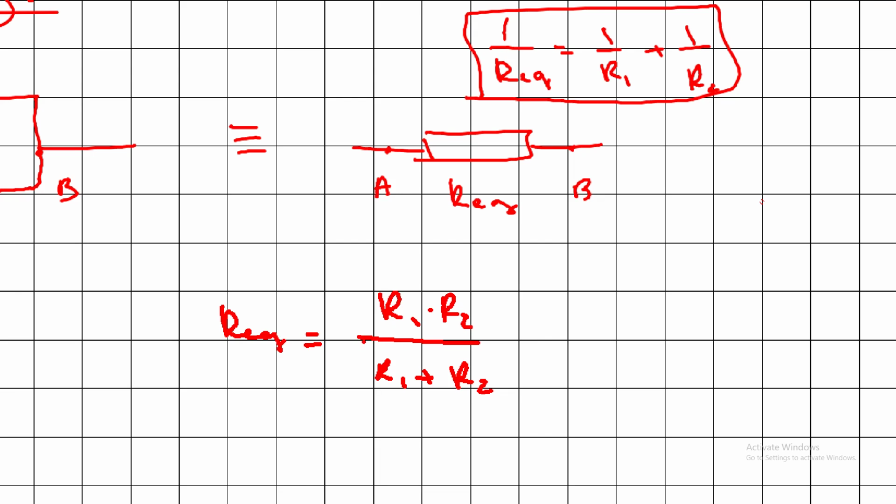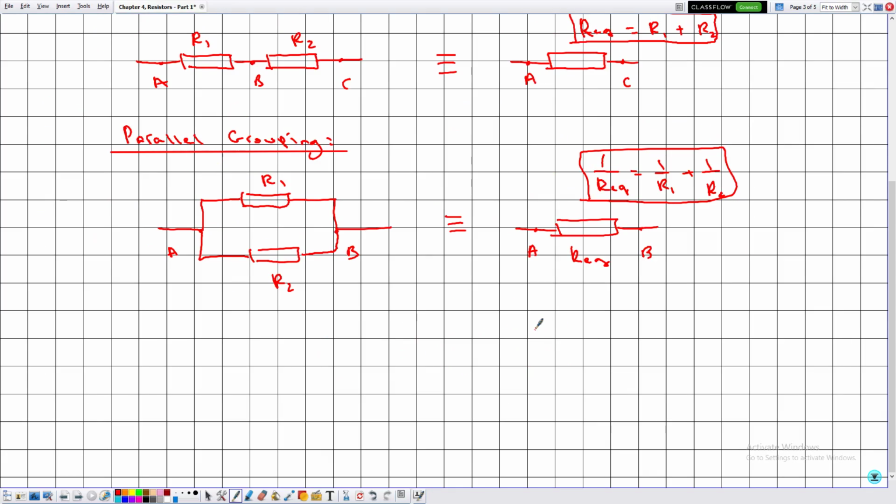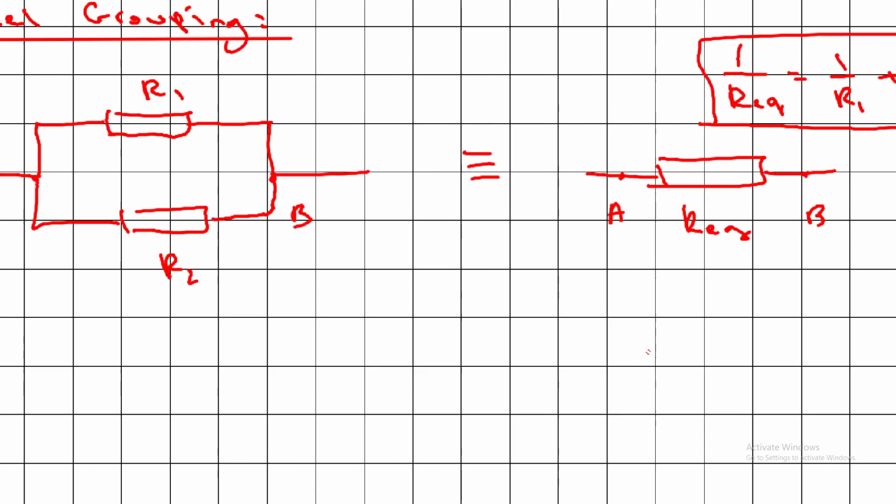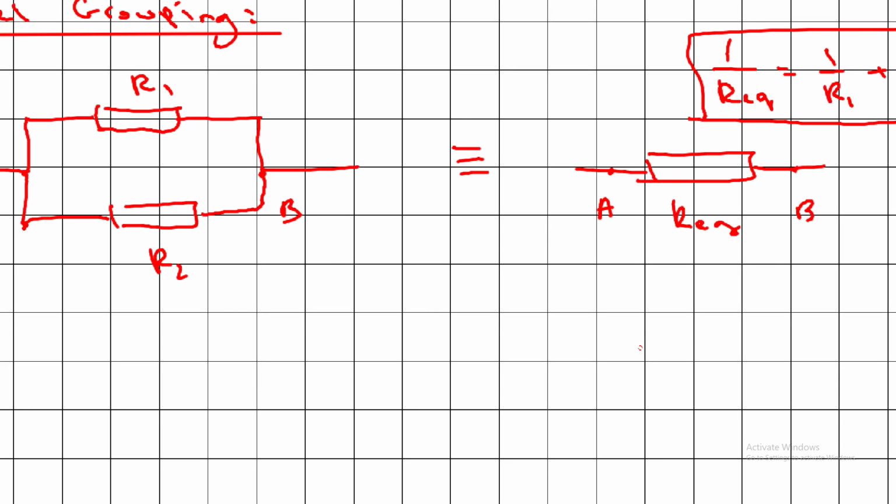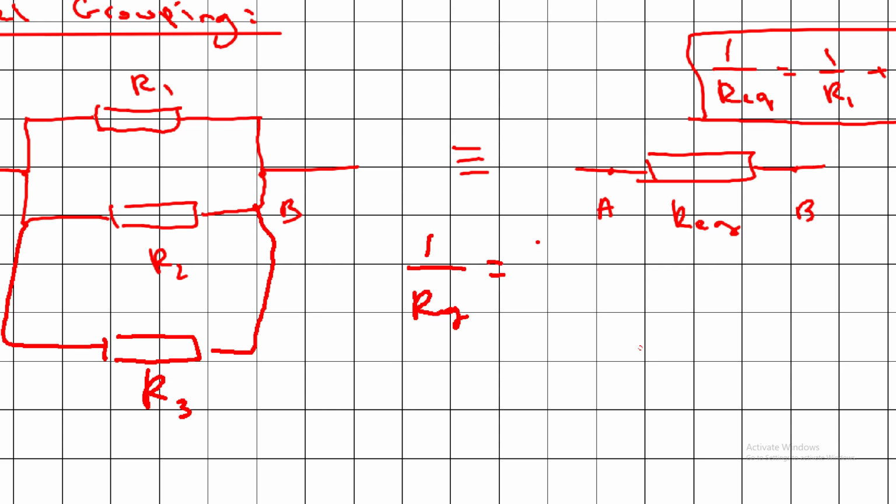If we have more than 2 resistors in parallel, for example 3 resistors, this formula will break down. Okay, now what happens in this case if we have 3 resistors in parallel? If we have 3 resistors in parallel like this, and this is R3, then 1 over R equivalent is given by 1 over R1 plus 1 over R2 plus 1 over R3.